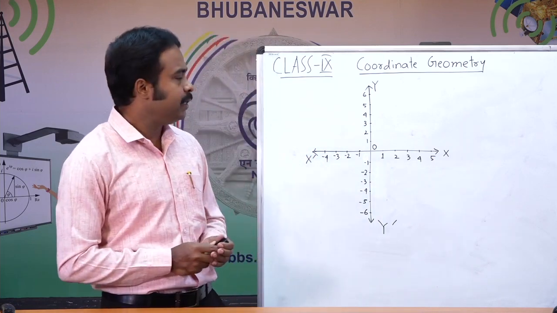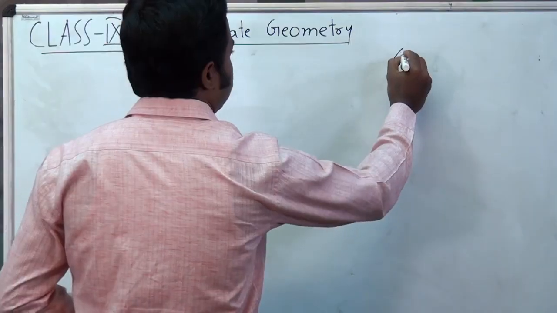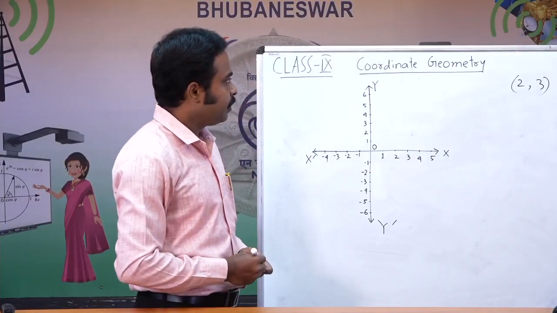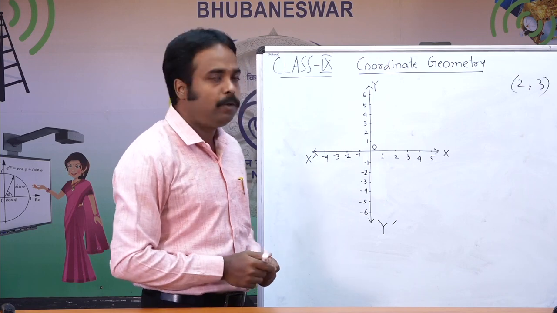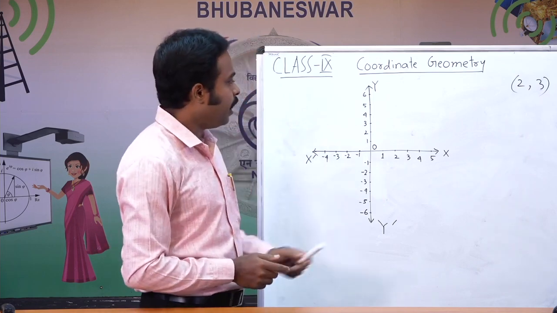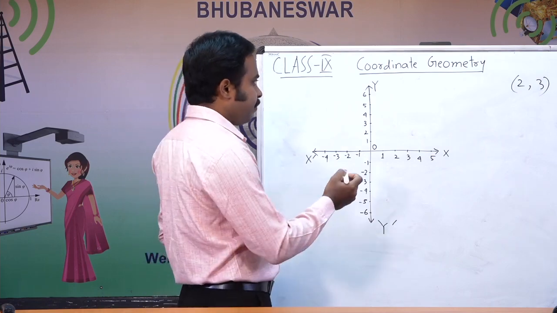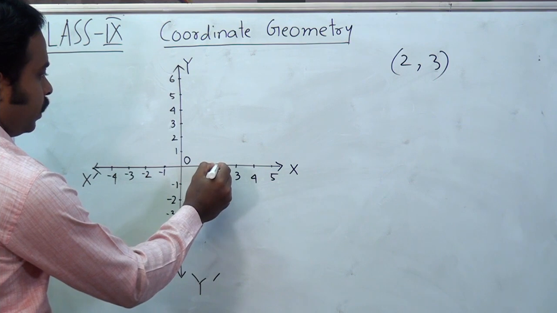So, let us take 2, 3. If we want to plot this point, how can we plot? That means we have to go 2 units along the x-axis. That means 1 unit, then 2 units.